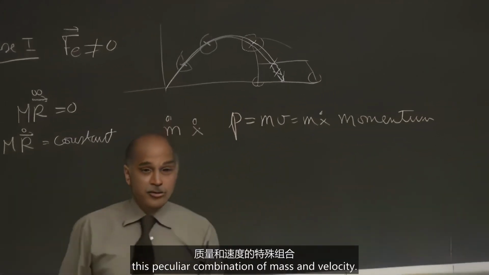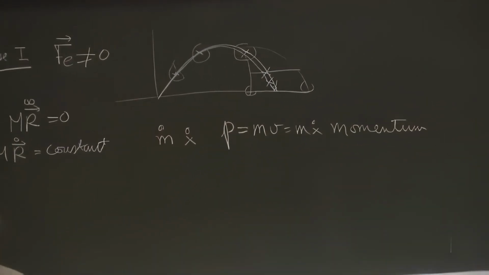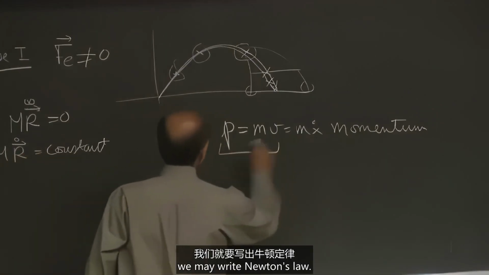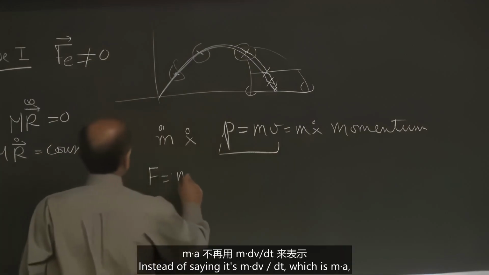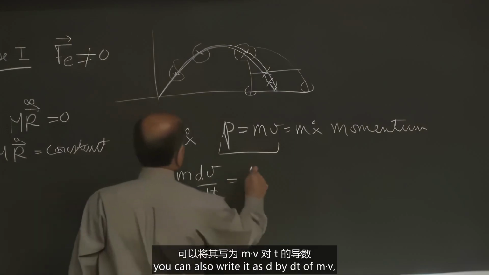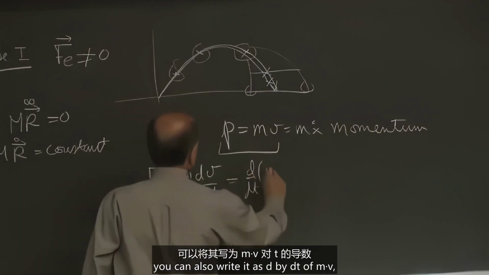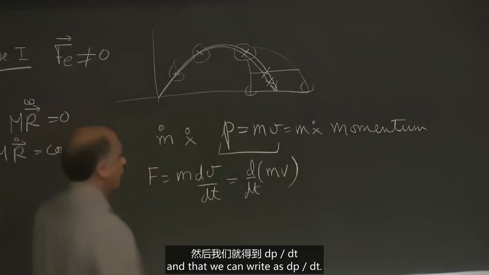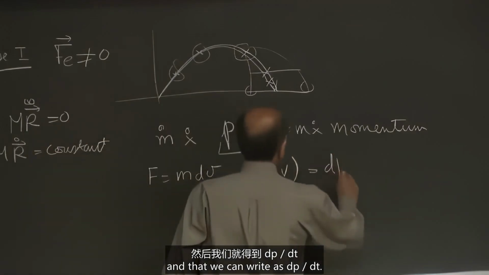Momentum of a body is this peculiar combination of mass and velocity. In fact, in terms of momentum, we may write Newton's law. Instead of saying it's m dv dt, which is ma, you can also write it as d by dt of mv, because m is a constant and you can take it inside the derivative. And that we can write as dp dt.